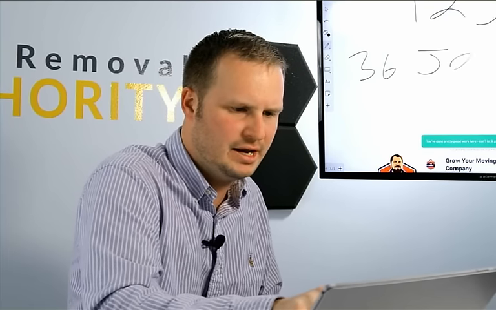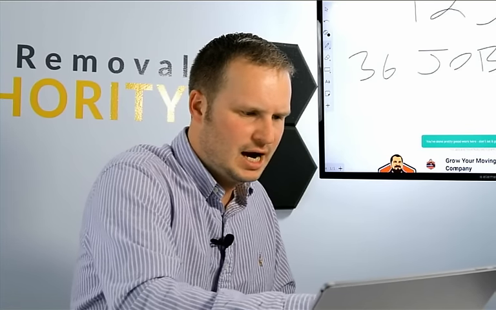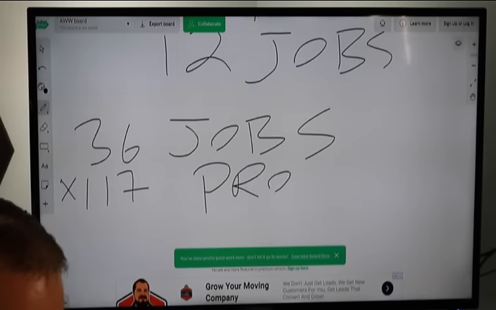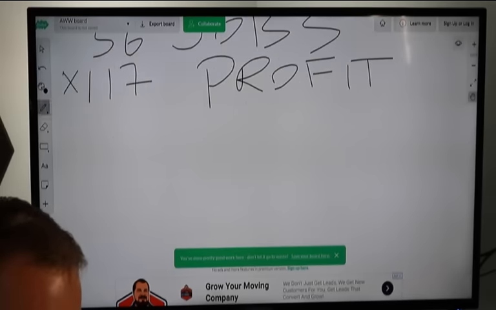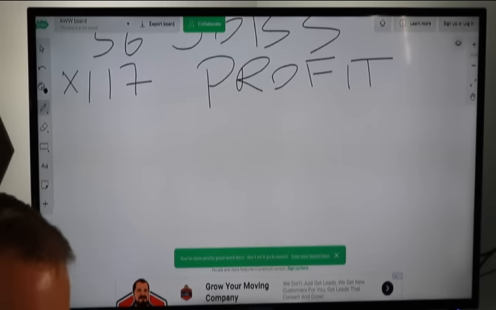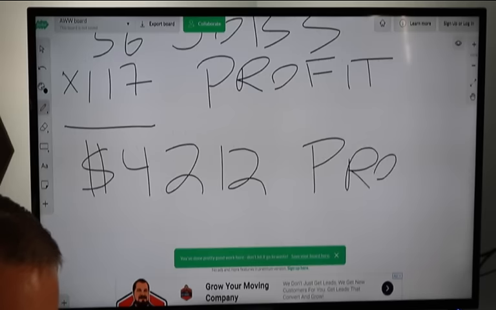So in this particular market, 36 jobs is your max potential based off these numbers from your experiment at $1,000. 36 times 117 is $4,212 per month potential, just by doing a little bit of math.